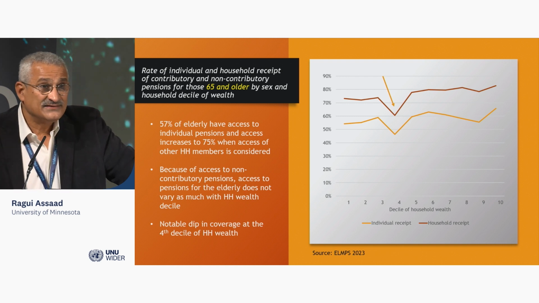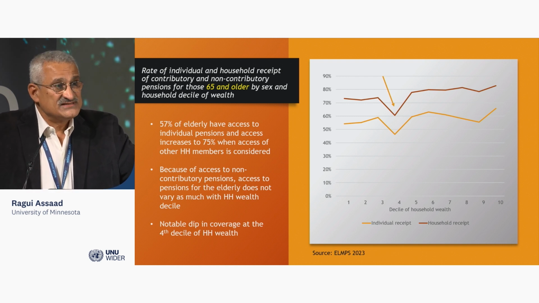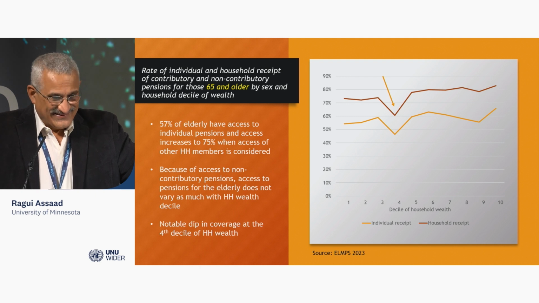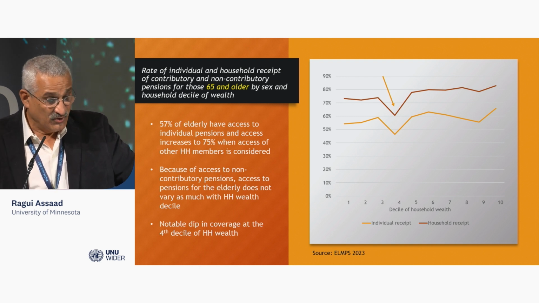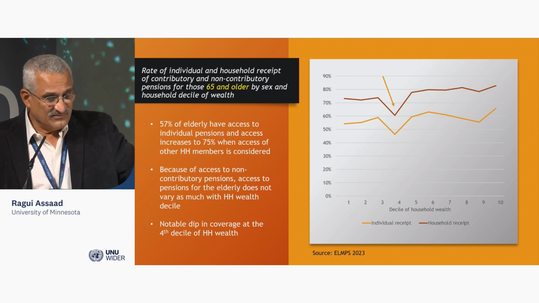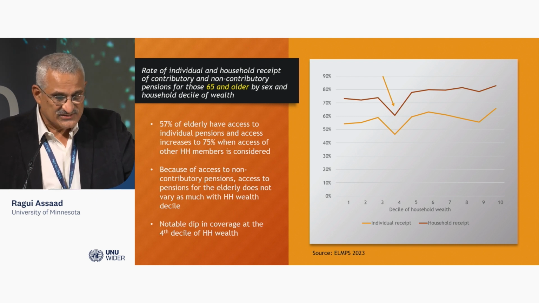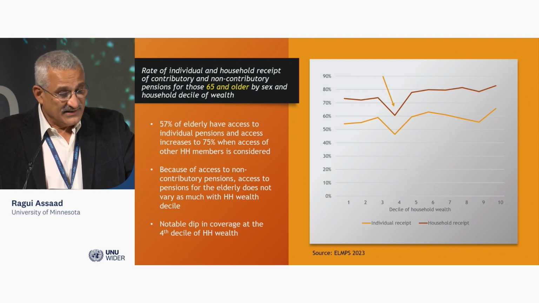Now I'm looking at the 65 and older, whether they receive pensions, and whether the pensions are contributory or non-contributory. So this graph includes both, and you can see that the receipt of pensions is quite high, right? 70 to 80% of elderly are receiving some kind of pension.